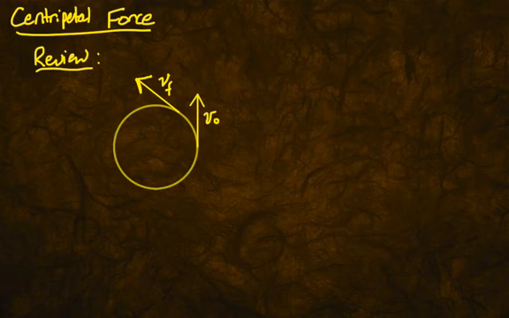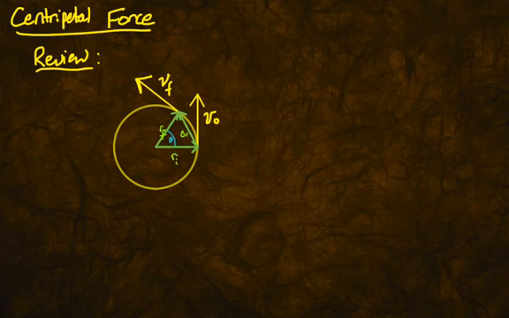So we'll have an initial velocity and a final velocity, and with those we'll also have an initial r and a final r. As we change our velocity, we find that we have a change in our position, and that's our delta r right there, if we travel through an angle theta.